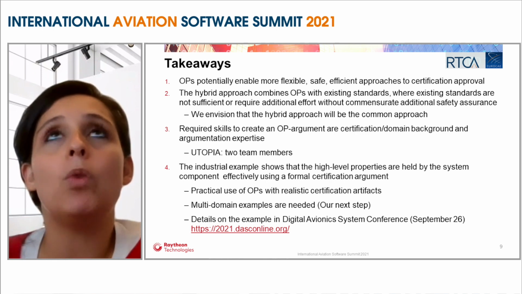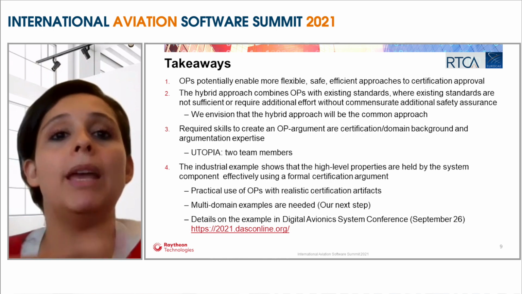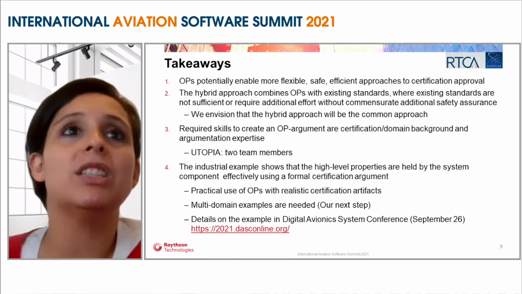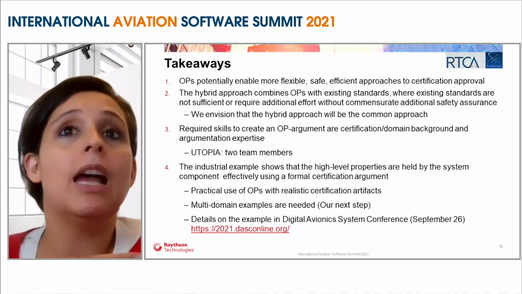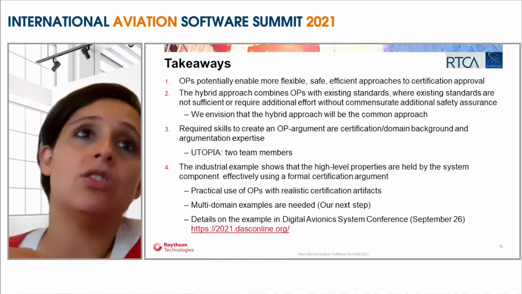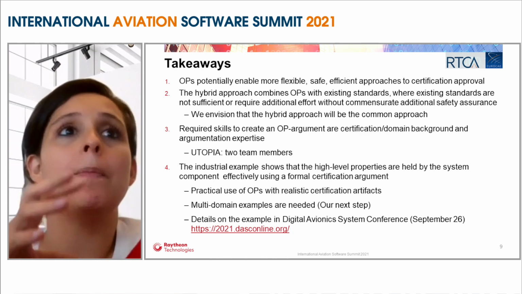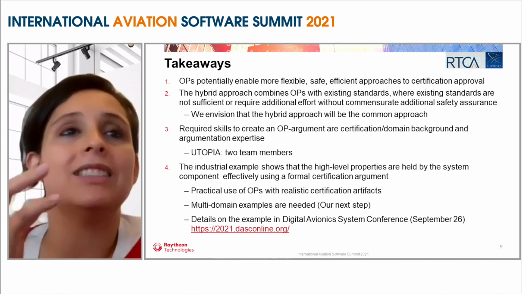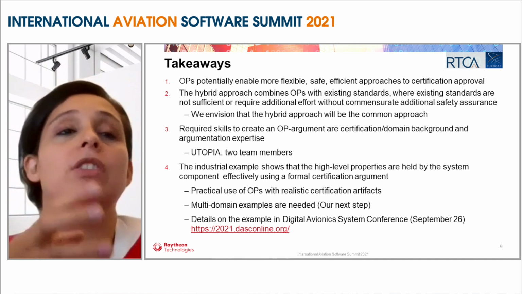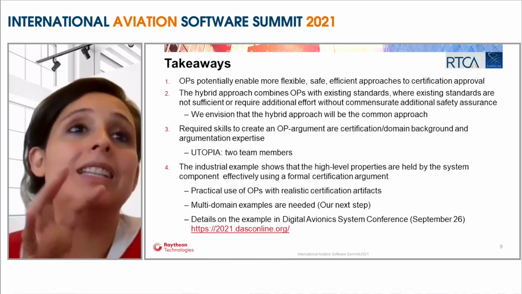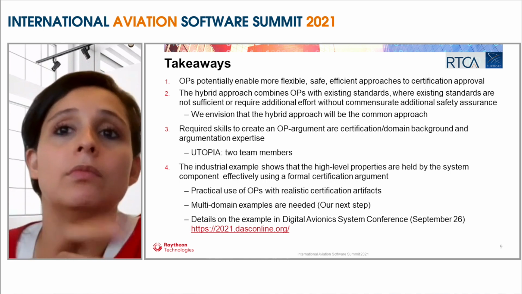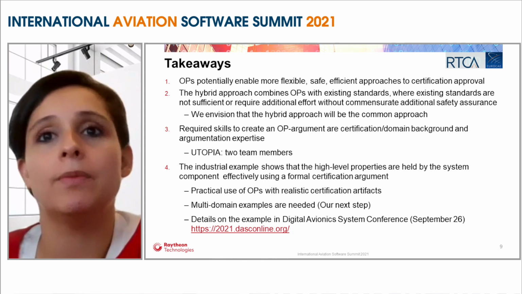What we saw is that the domain expert will provide which evidence is required to satisfy something, but it is the argumentation expert who really tries to understand if the argument is complete, if it's not ambiguous, and all the parts that are required to write an argument.